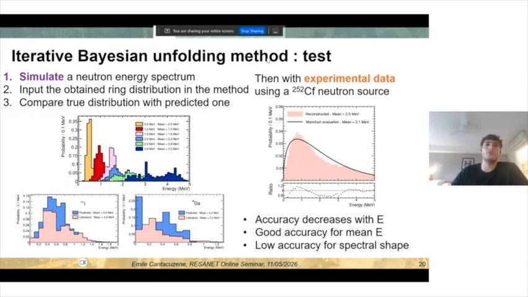So the conclusion of this test was that the accuracy clearly decreases with the energy, but there's pretty good accuracy for the mean energy, especially for beta-decay spectra, which are rarely above 1 MeV. And there is a low accuracy for the spectral shape in general.